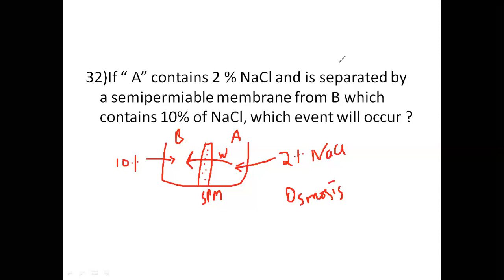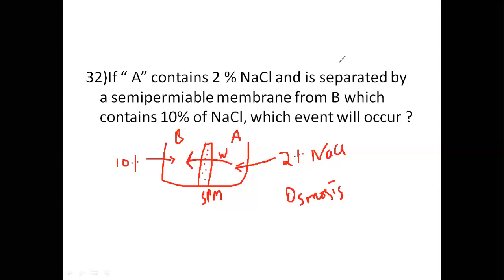That should be divided by 1 only, because the valence is 1 for this. Then calcium 2 plus, the valence is 2, so that 5.2 should be divided by 2. This becomes 2.6.